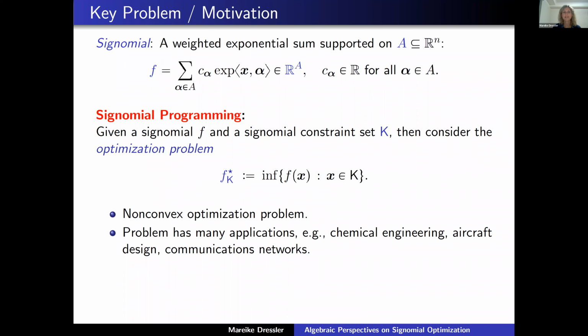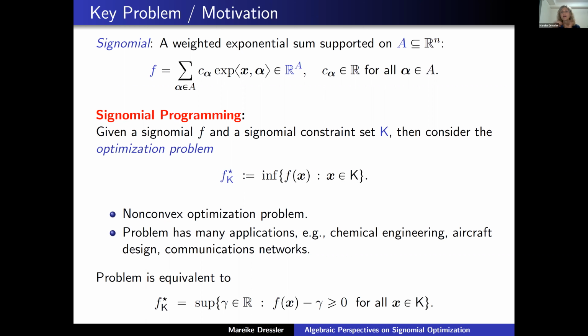We note first that minimizing such a signomial over a constraint set is equivalent to finding the largest real number gamma such that f minus gamma is non-negative for all x in K. So to say, I search for the largest shift I can take to this signomial such that this function is non-negative.